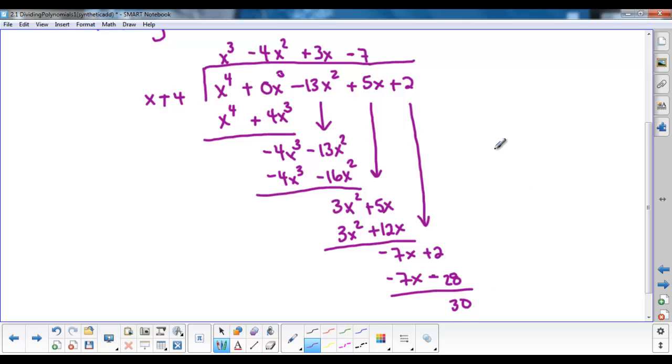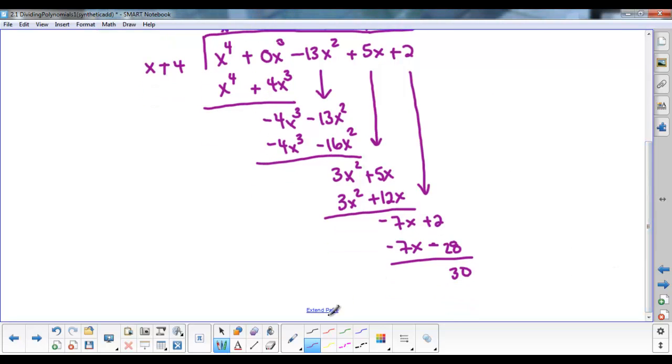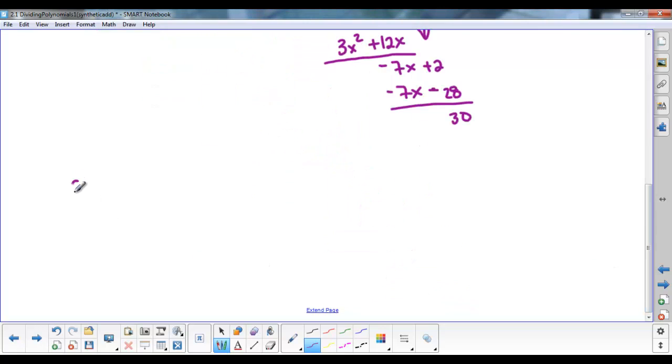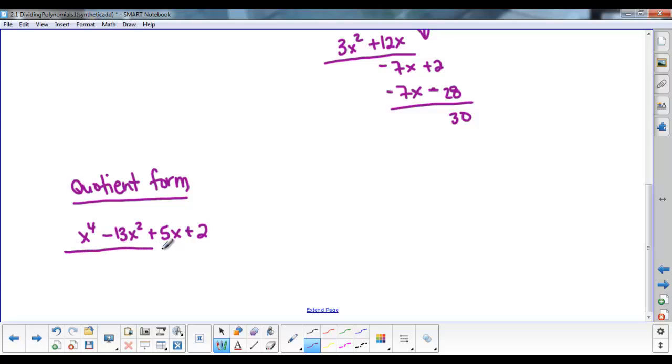So if we were to write this in quotient form, I'll just write it at the bottom. It is our dividend. We don't need to write the x cubed term in here, just as long as you use it for the division.